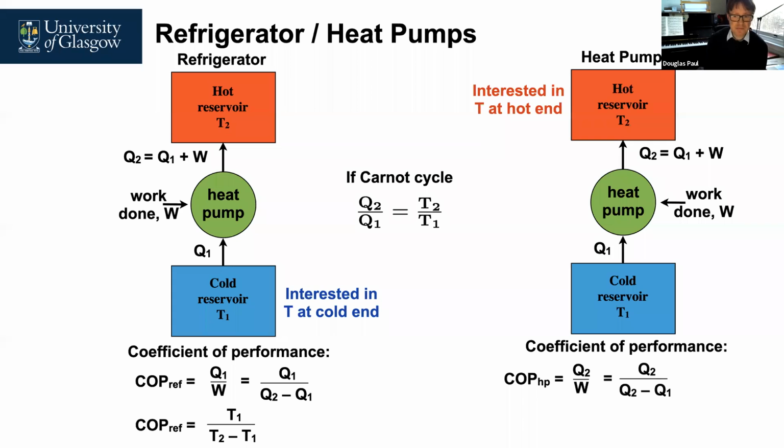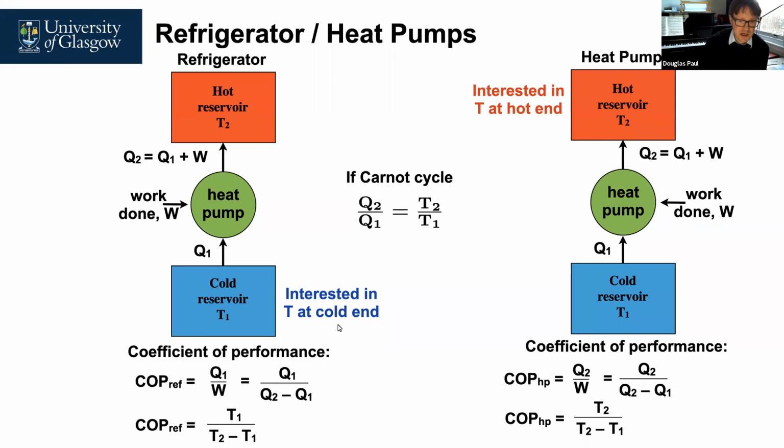Now we can do the same tricks as before: the first law of thermodynamics, dQ equals dW, so W equals Q2 minus Q1. And we change it around. This time, rather than T1 over T2 minus T1 like the refrigerator, it's T2, the hot reservoir, divided by T2 minus T1.